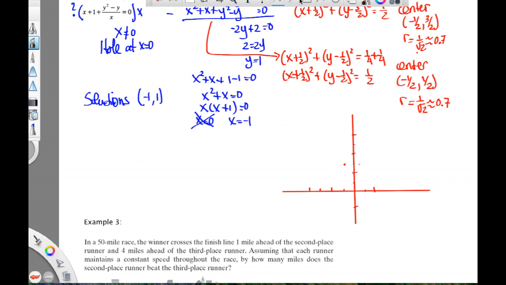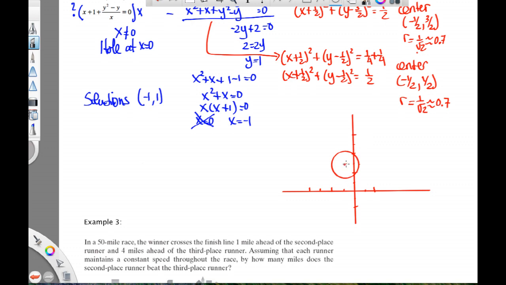So let's see if I can grab my circle again. I can do it the same way. I think it's going to look a lot like this. Okay. The next one has the center at negative 1/2, 1/2.